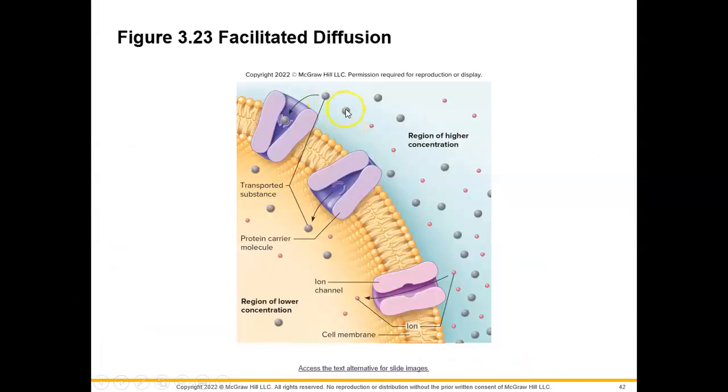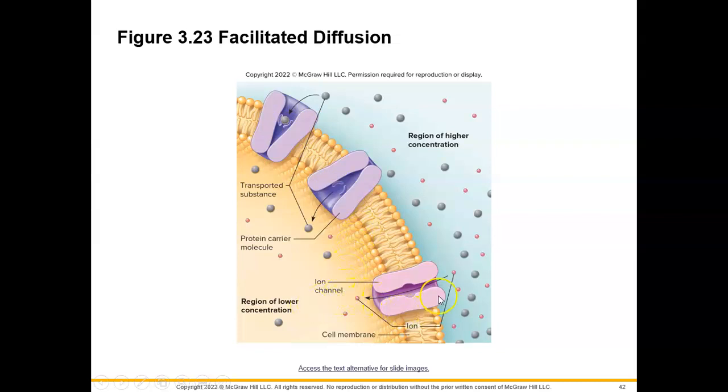High concentration of this substance allows it to go down its concentration gradient through this carrier, which changes shape as it moves across the membrane and pushes it to the inside of the cell. Carriers are integral proteins that span the cell membrane and change shape as the substance moves across the membrane.